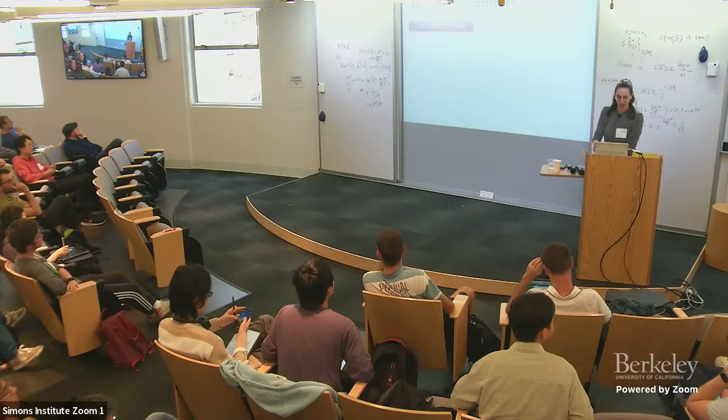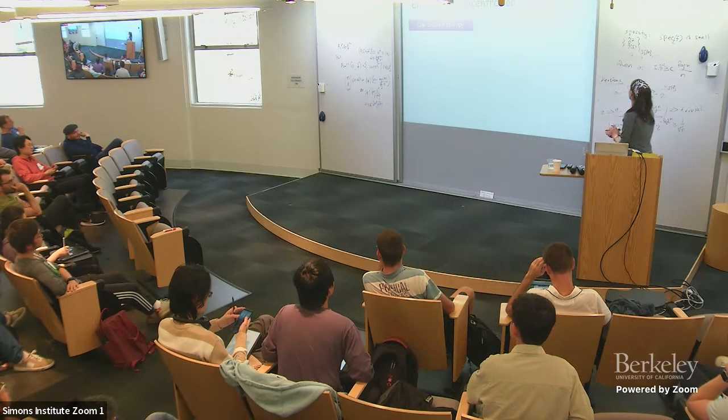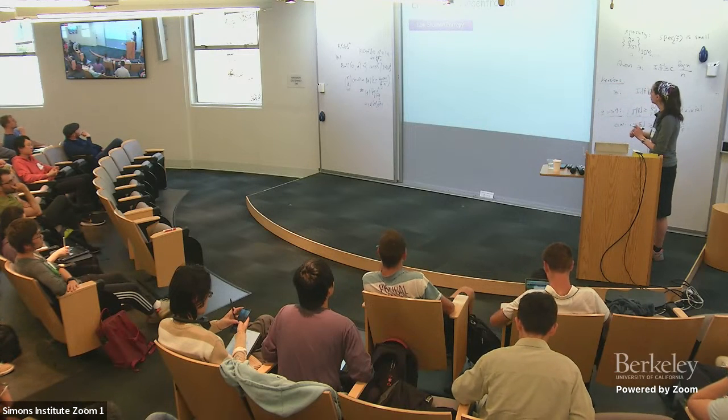Okay, so one notion of concentration of distributions is Shannon entropy. So what is the Shannon entropy? I will have a definition soon, and if you're not familiar with this, you can think about it as the log of the size of the support.